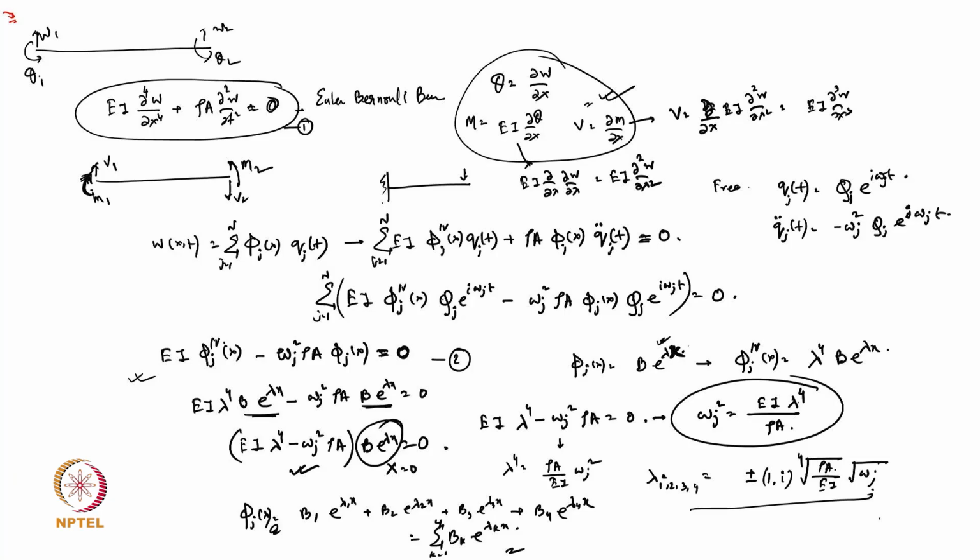So by the product of those two, we are trying to perceive our solution, and then we substitute that back in the main governing differential equation. First we assume that the time solutions are harmonic, and therefore we get some solutions. Then, if it is harmonic, we first try to calculate the natural frequency.